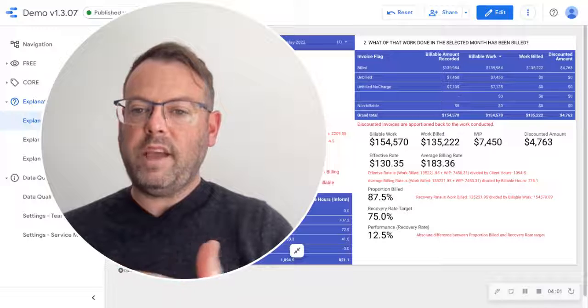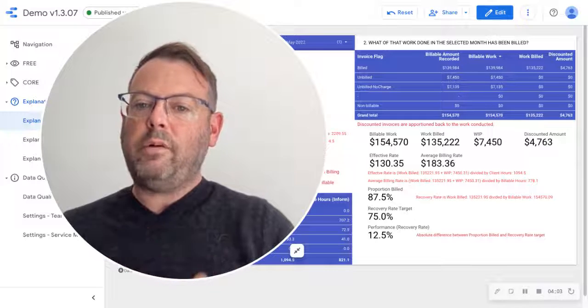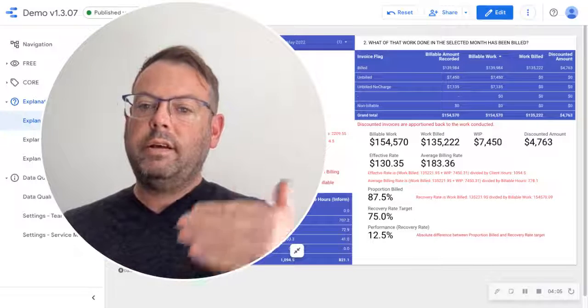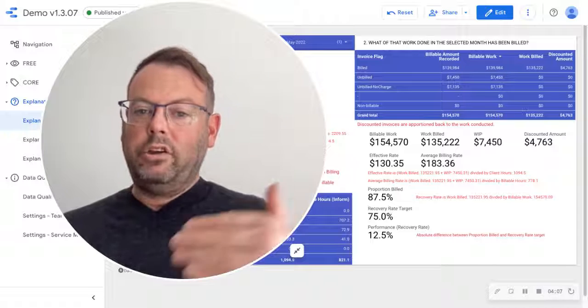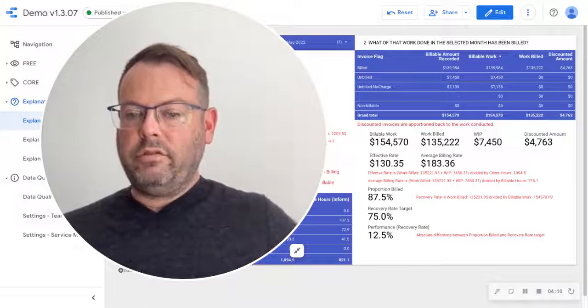So that effective rate means that for every hour you worked on a client billable matter, you were able to bill $130.